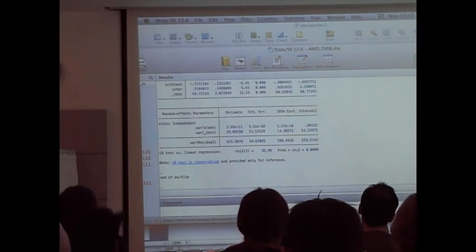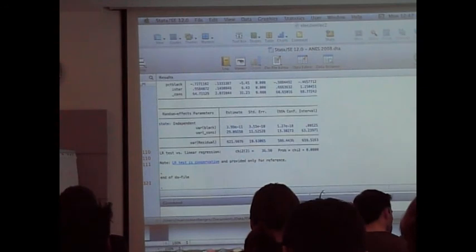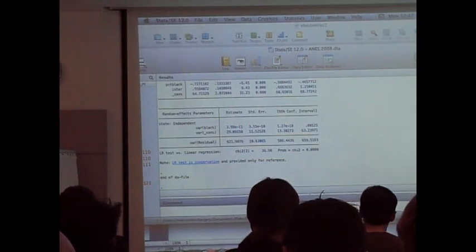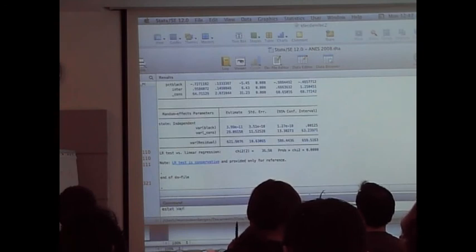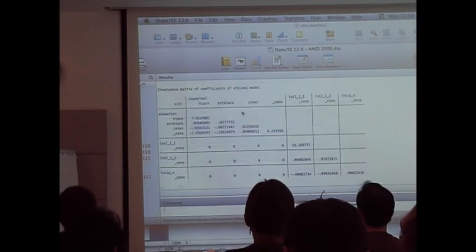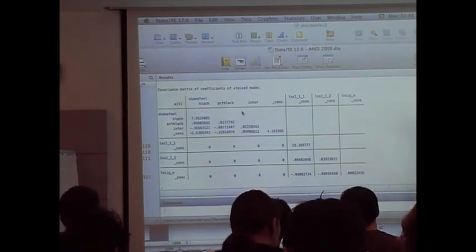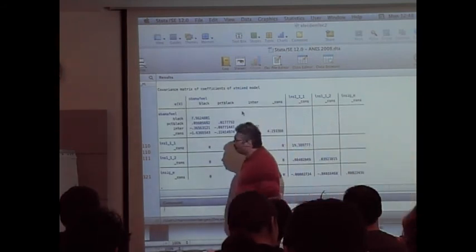So now we have this model here. There's a couple of ways to get these estimates of the variance. One way is to type estat vce. And this gives you the variance-covariance matrix of the estimators.